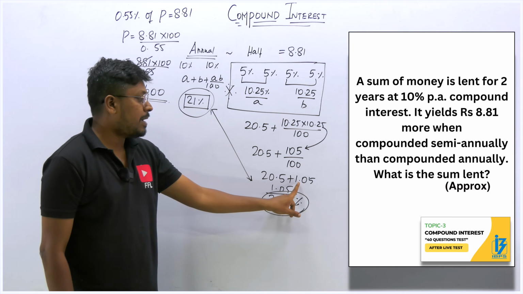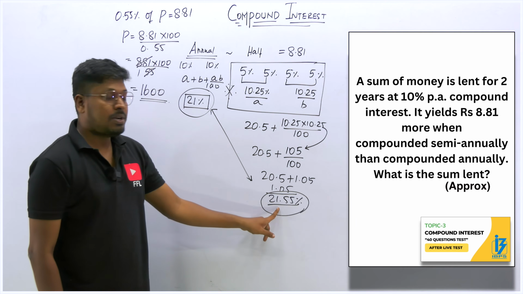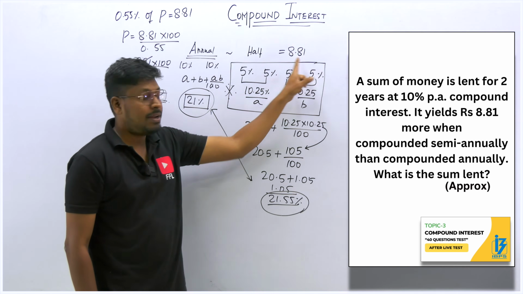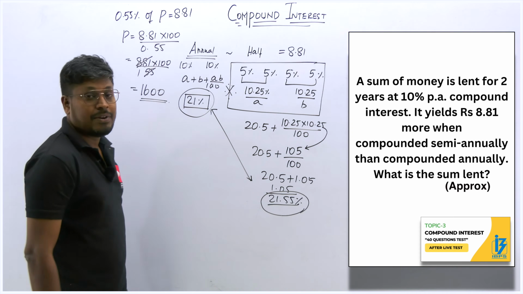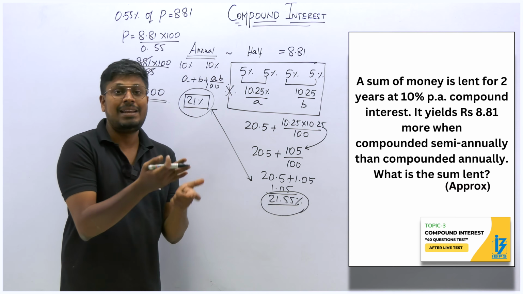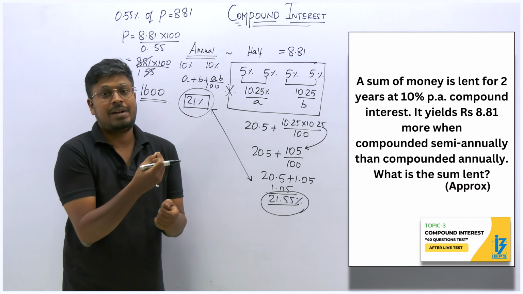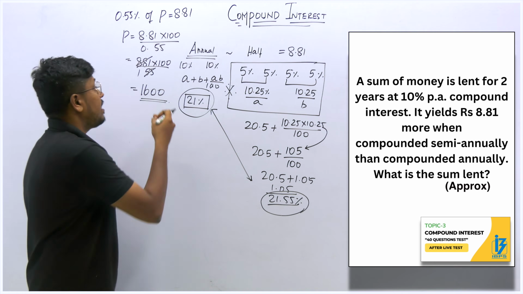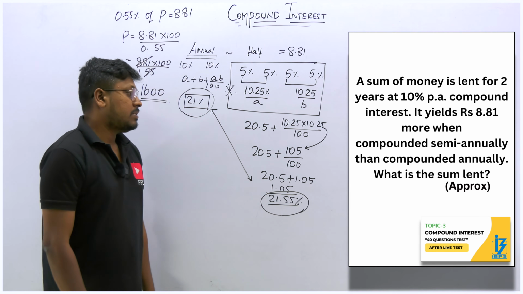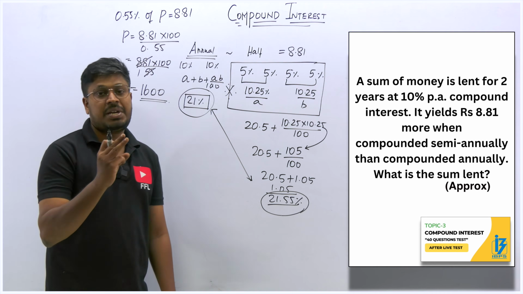Then divided by 100, 1.05. So total 21.55. We know that the difference value is 8.81. So the 0.55 percentage of the principal amount he lent is the difference, 8.81. So we can find the value of the principal amount he lent, right? So this will be the answer for question number 2.